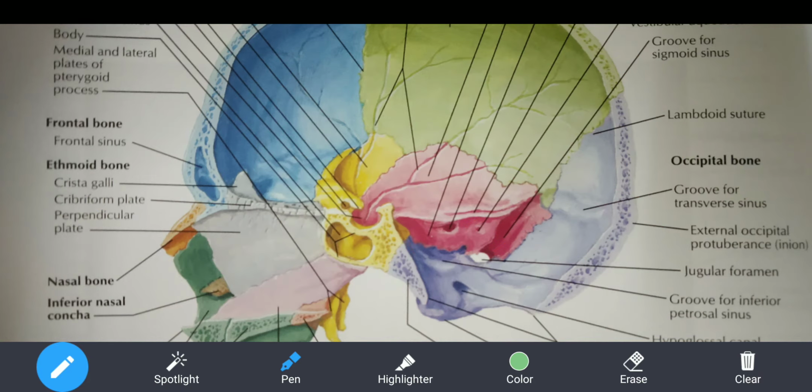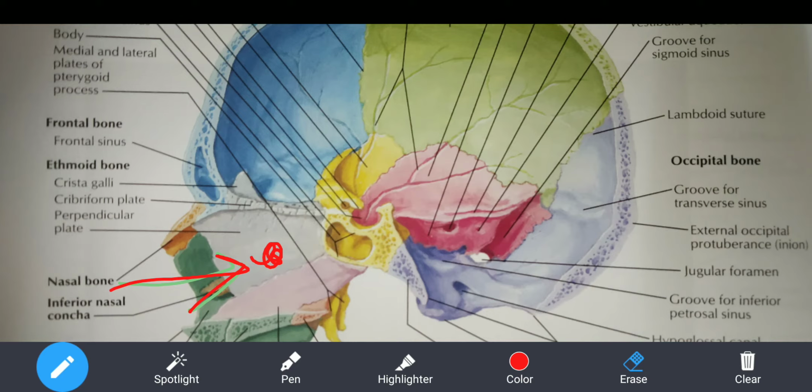One thing you need to recall: can you see these small dark gray dots? These are the pores of the cribriform plate.